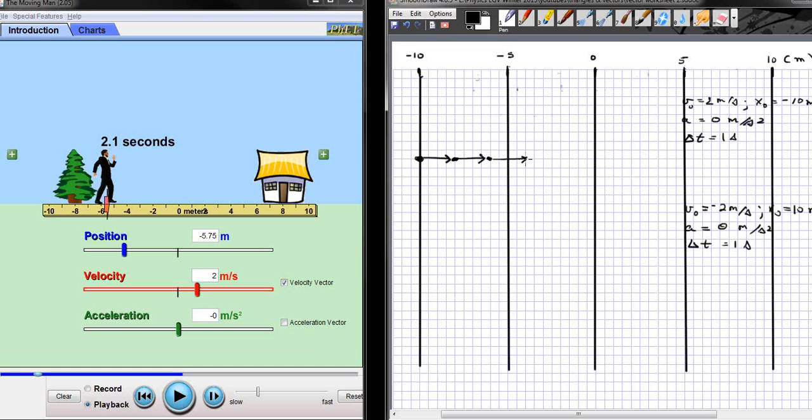And so he's going to continue at constant velocity, and every second he goes another 2 meters to the right, and then another 2 meters to the right, and then another 2 meters to the right. So now he's at 0, and he's going to go another 2 meters to the right, like this, and like this.